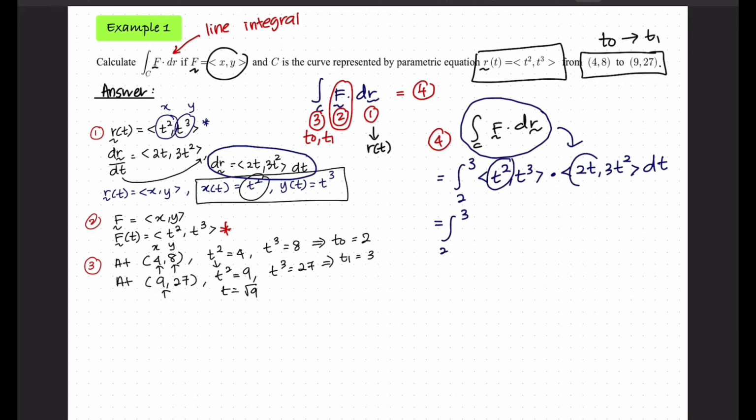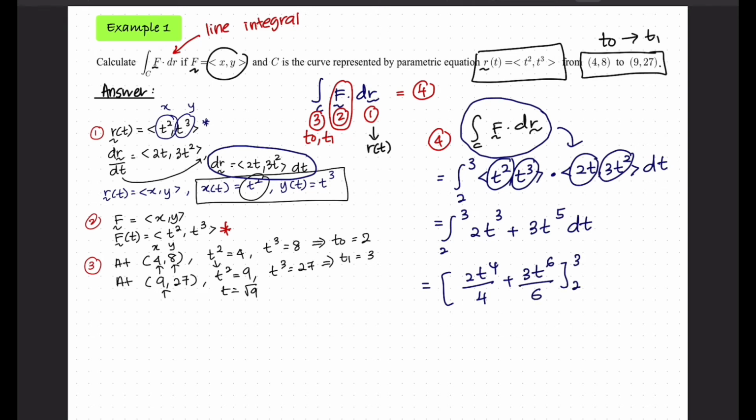Multiply the same components, and you will get 2t cube plus t cube multiplied by 3t square, so 3t to the power of 5, dt. Then integrate, and we'll get 2 times t to the power 4 over 4 plus 3 times t to the power 6 over 6, from 2 until 3. So substitute, and simplify.